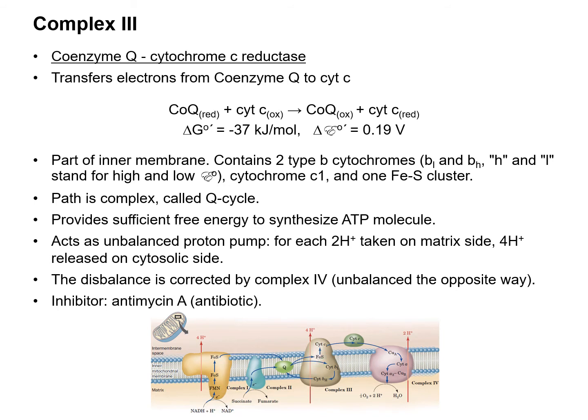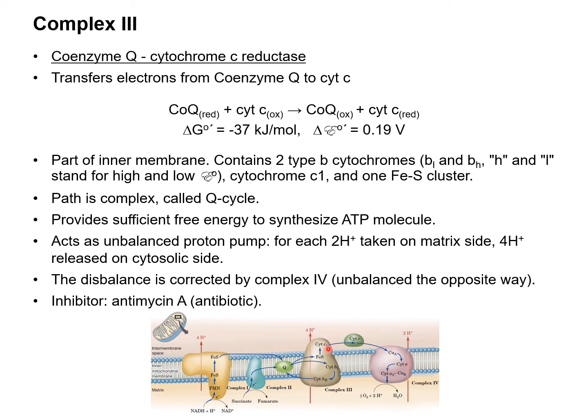The path of electron transfer is complex, and it's called a Q cycle, and it provides sufficient free energy to synthesize ATP molecules, and it also acts as an unbalanced proton pump. For each 2 hydrogen cations taken on the matrix side, 4 hydrogen cations are released on the cytosolic side.